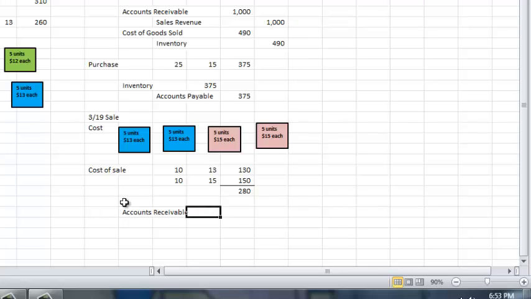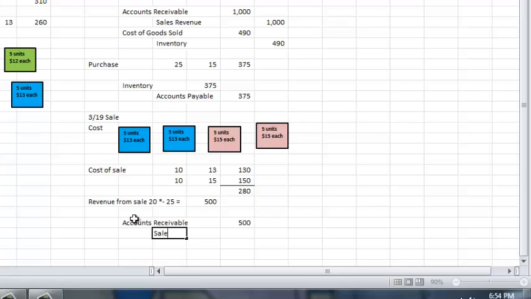So once again, to journalize this, we're going to debit accounts receivable. Oh, excuse me, I didn't calculate the revenue from the sale, so give me a moment. The revenue from the sale is 20 units that cost $25 each. So $500. So we're going to debit accounts receivable for $500.